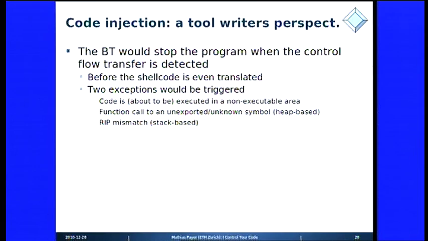So what would a binary translator do when it sees such control flow transfers? First of all, the binary translator would stop the program when the control flow transfer is detected, before the shell code or the NOP slide is even translated. And there would be 2 exceptions. First of all, we have code that is about to be executed that is in a region that is not marked executable in the original object file.